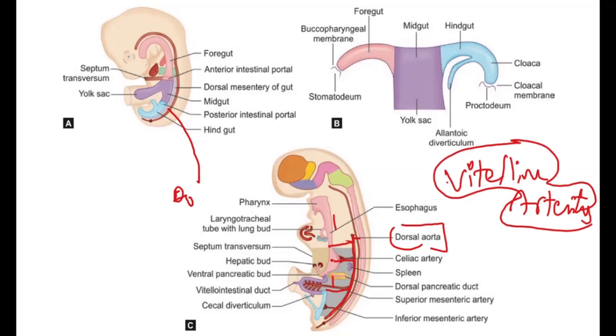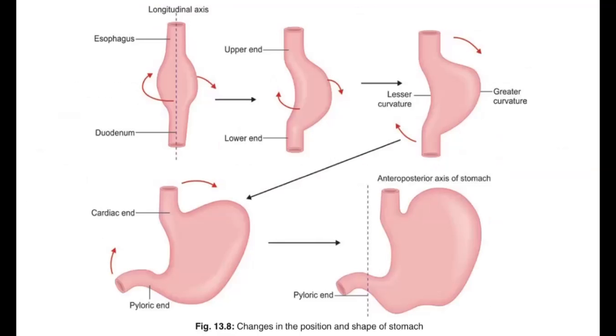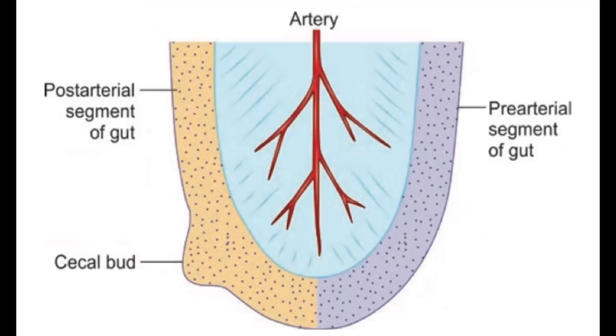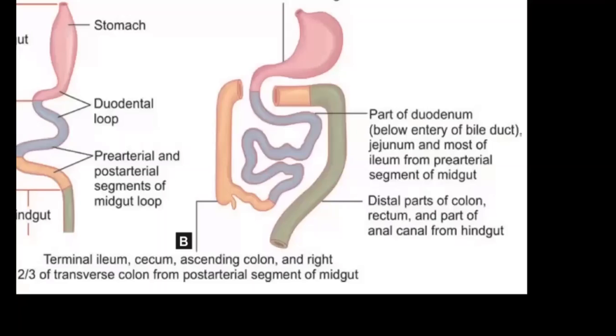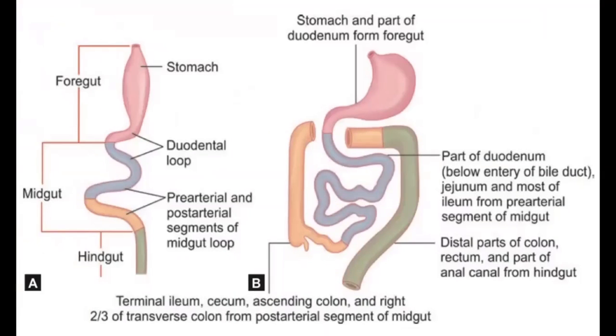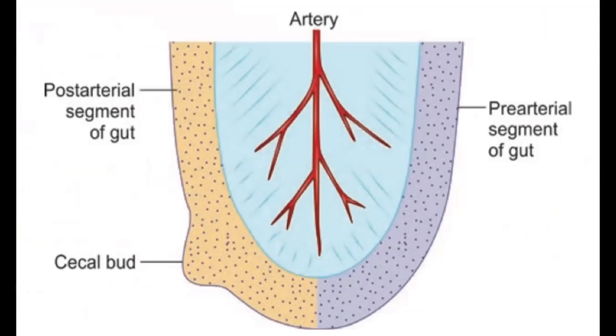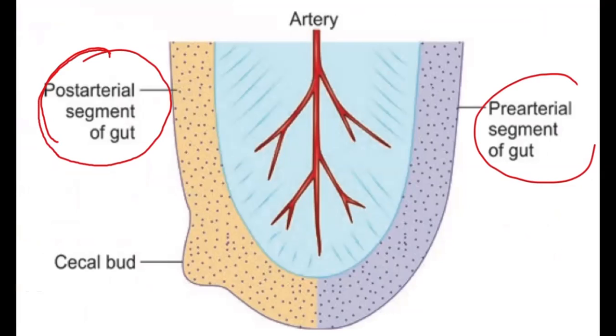So if you observe, these loops have the superior mesenteric artery, right? Okay, so the part which is before the superior mesenteric artery is called the prearterial segment of the gut, and the part which is caudal to the artery is the post-arterial segment.